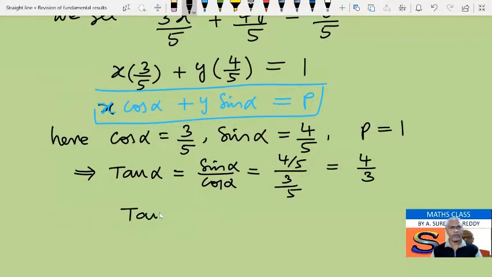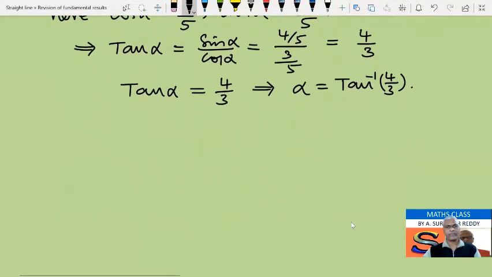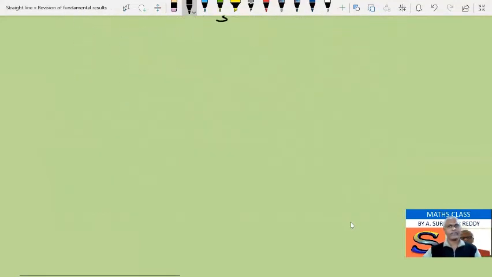So tan alpha is equal to 4 by 3 implies alpha is equal to tan inverse 4 by 3, and p value is 1. So this is the normal form of the given equation.